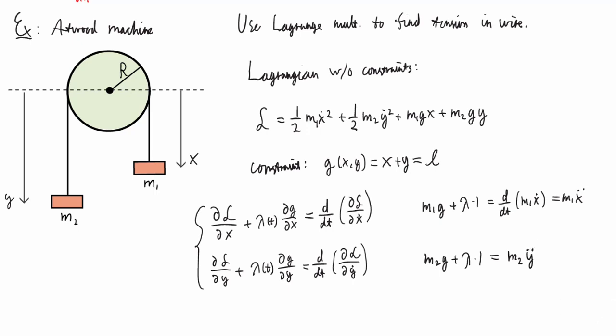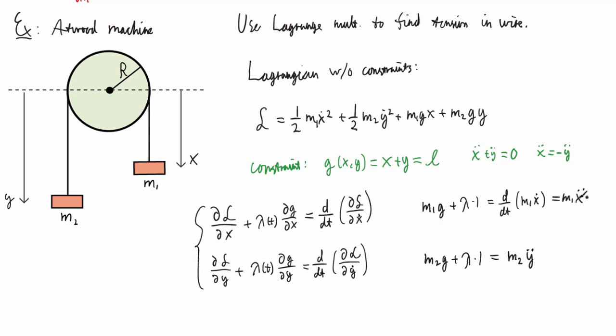All right. Now if we look carefully here at the constraint, we can see that it gives us that x double dot plus y double dot equals 0, or in other words, x double dot equals minus y double dot. That means we can use this to eliminate lambda from these equations, right?